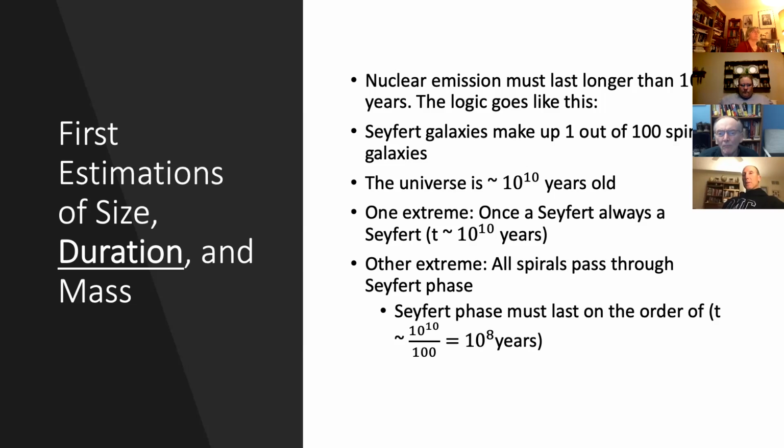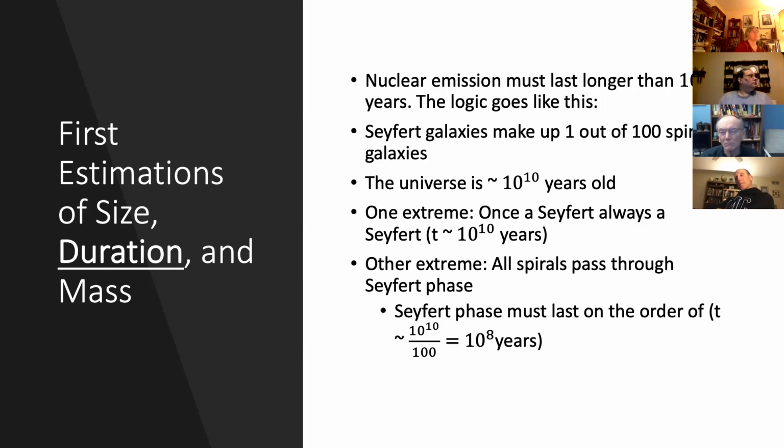That must mean that the age of that galaxy is about the lifetime of the universe, 10 billion years. The other extreme is that all spiral galaxies must pass through a Seyfert phase at some point. In this case, if about 1 out of every 100 spiral galaxies we see is a Seyfert, then the Seyfert phase must last on the order of 10 to the 10 divided by 100, or 10 million years.